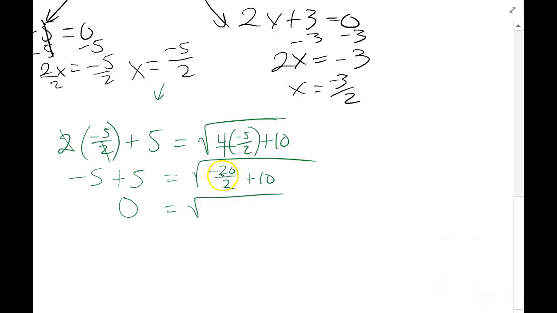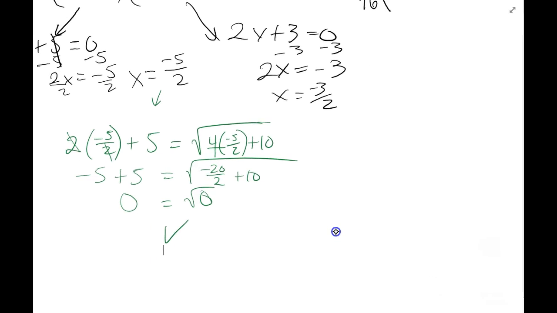Negative 20 over 2 is negative 10. Negative 10 plus 10 is 0. And then the square root of 0 is equal to 0.